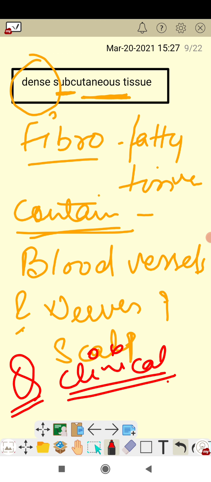Bleeding can be arrested by pressure against the underlying bone. And in case of closed wound injury, the swelling is localized, but pain is more with little swelling because of pressure.